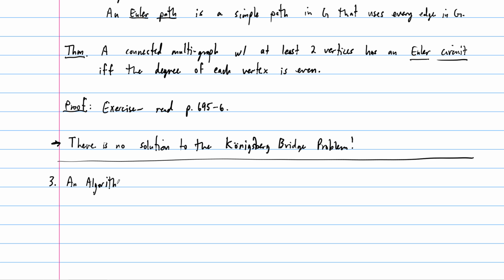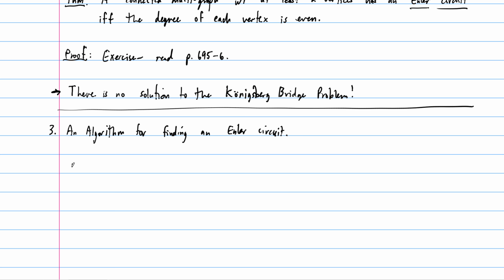And I've copied this algorithm from the book. So an algorithm for finding an Euler circuit. So first of all, we are going to have a graph G that obeys the hypotheses of that theorem.